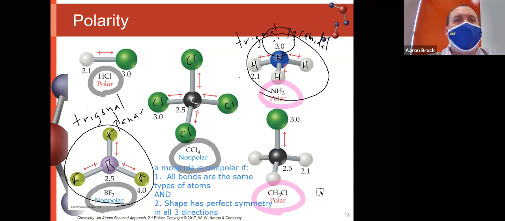So something like ammonia meets the first criteria, but it does not meet the second. The second criteria had to do with symmetry, and ammonia lacks one dimension of symmetry because in its tetrahedral shape, one of those positions is not a nitrogen to hydrogen bond. It's a lone pair instead.